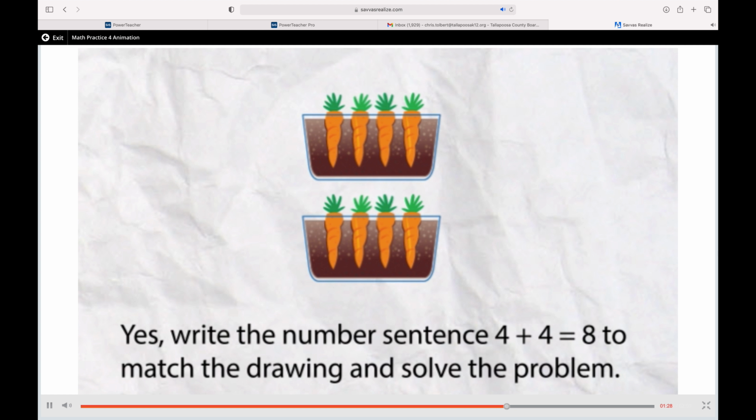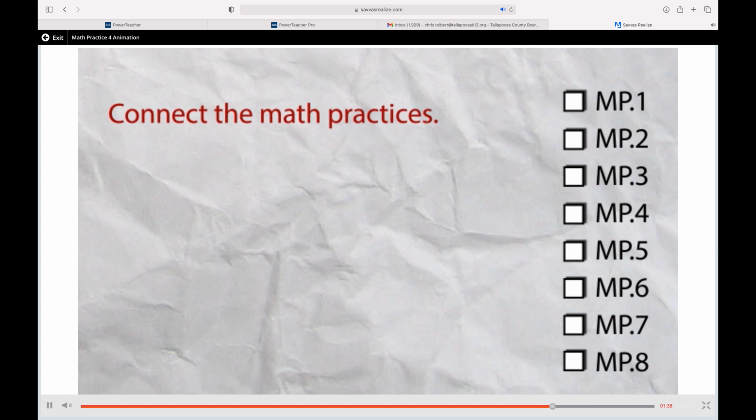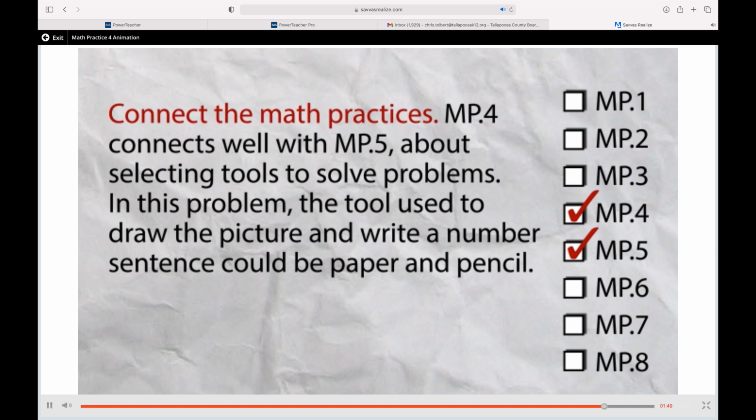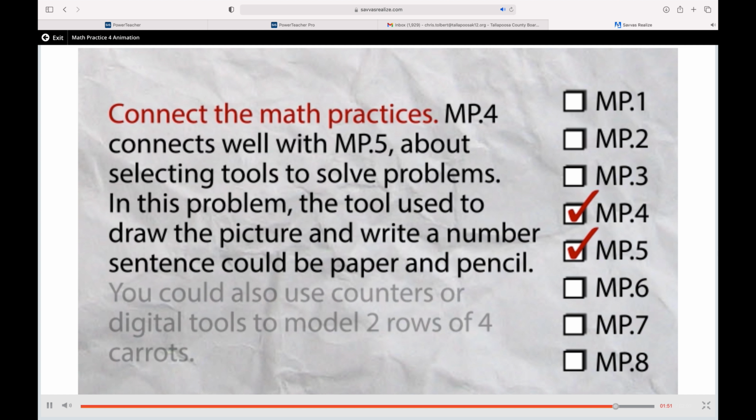Yes, write the number sentence 4 plus 4 equals 8 to match the drawing and solve the problem. Connect the math practices. MP4 connects well with MP5 about selecting tools to solve problems. In this problem, the tool used to draw the picture and write a number sentence could be paper and pencil. You could also use counters or digital tools to model 2 rows of 4 carrots.